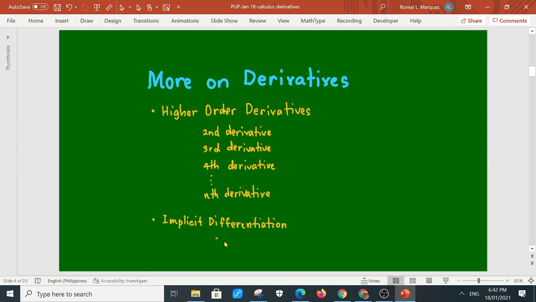We apply this to equations of the form f of x, y equals 0, assuming it defines a function of the form y equals f of x. So we assume that in this relation you can express y as a function of x.